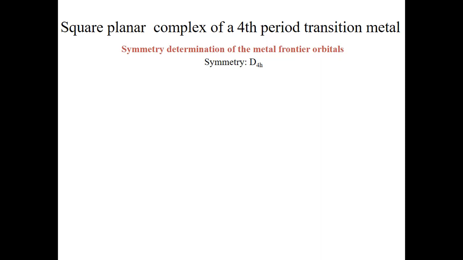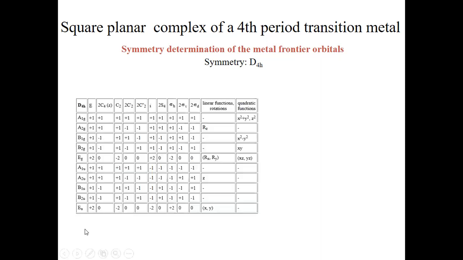So we need to determine the symmetry of the metal frontier orbitals. In order to do this, we need to look into the character table for D4h. So the character table for D4h is here.